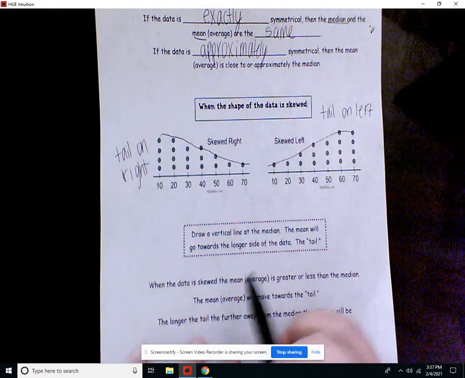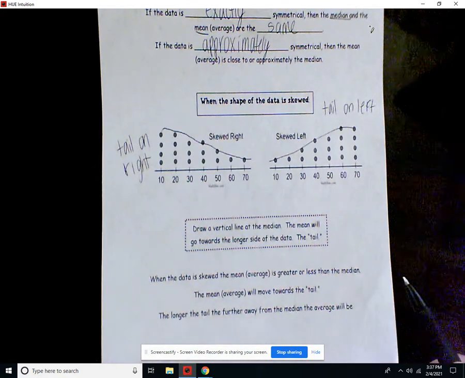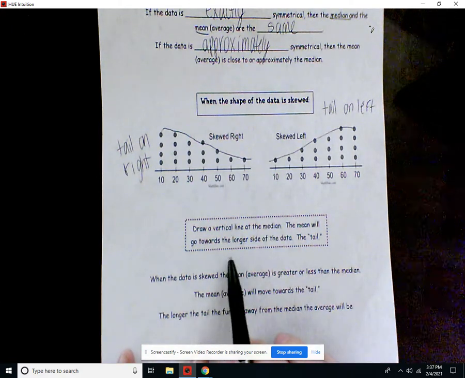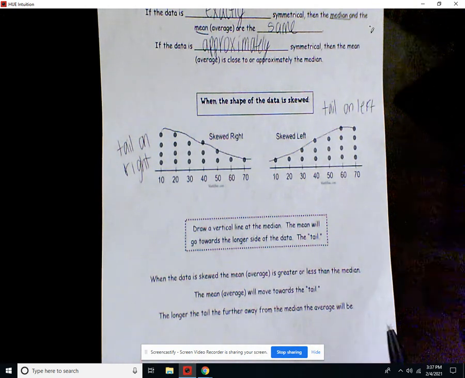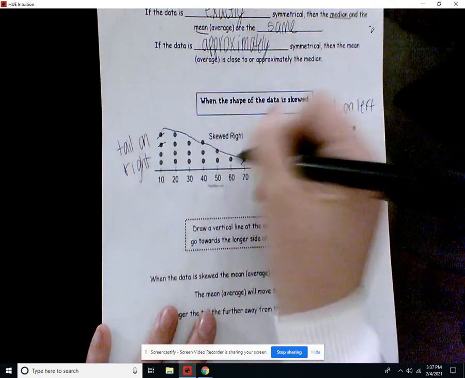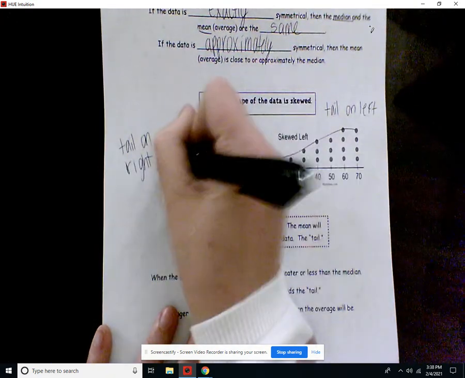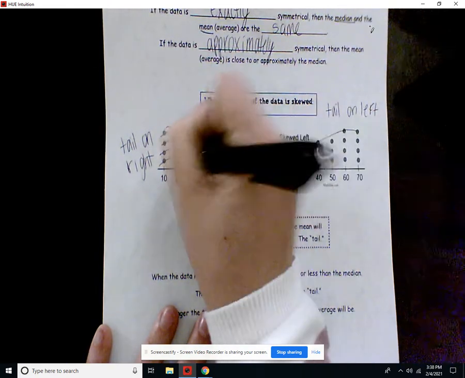So we're going to practice finding the median when it's skewed. The mean will go towards the longer side of the data, and that will be the tail. We're going to find the median first, so we're going to mark off our dots, one on each side, until we find the middle.